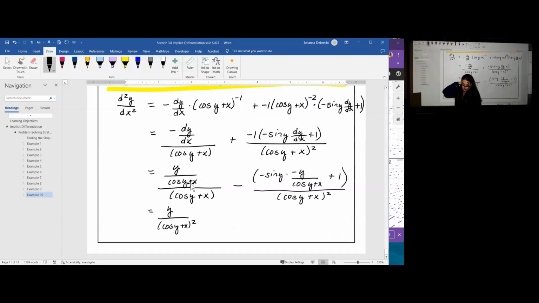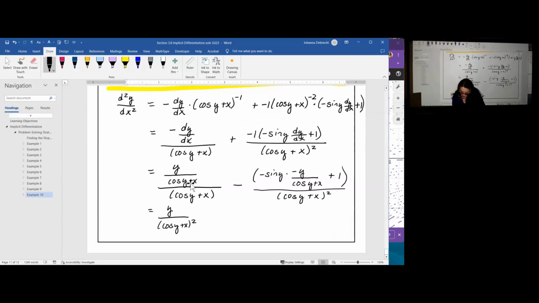The double negative gives me a positive, but I still have a complex fraction. I'm going to have y sine of y divided by cosine y plus x. To get a common denominator with the first one, I could multiply by cosine y plus x over itself. But since it's complex, what I probably want to do is multiply by the least common denominator of the little denominators.